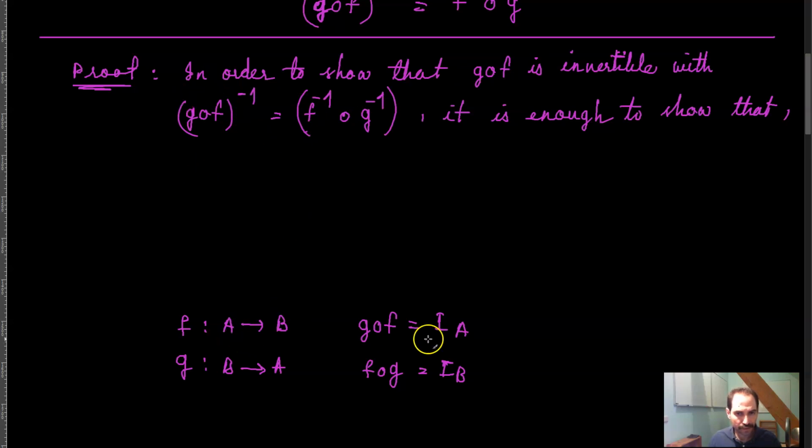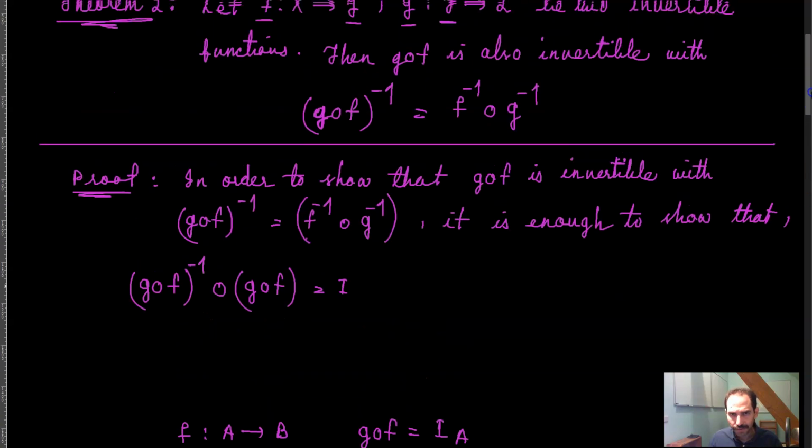Following the same logic, you have to write the inverse first, so the inverse is GOF whole inverse, and you compose it with the original function, which is GOF, and that is supposed to be the identity on the domain of the original function.